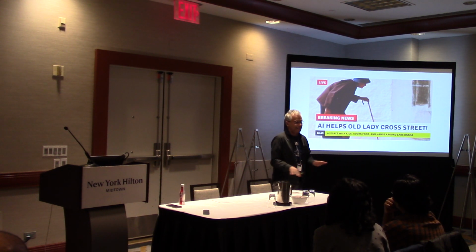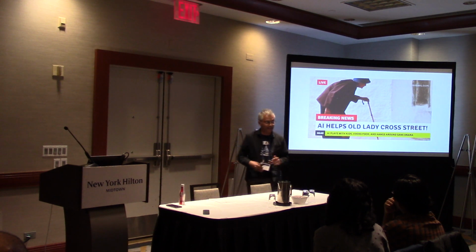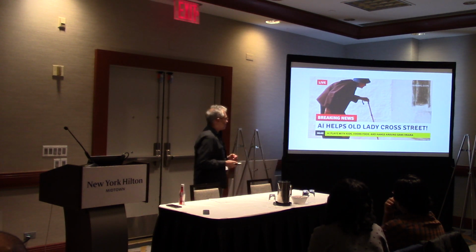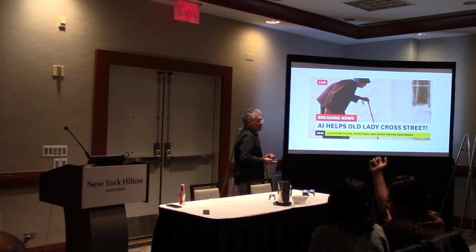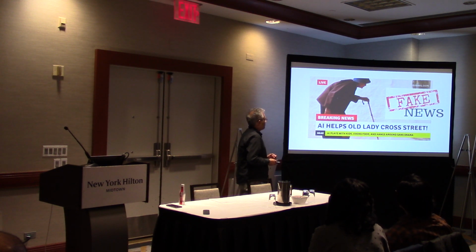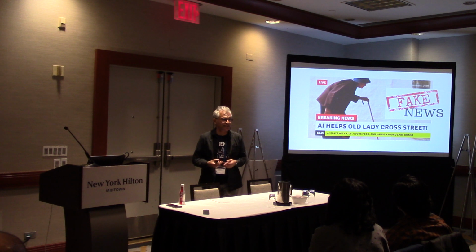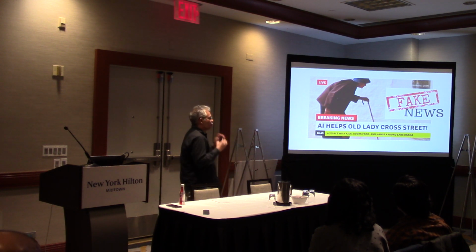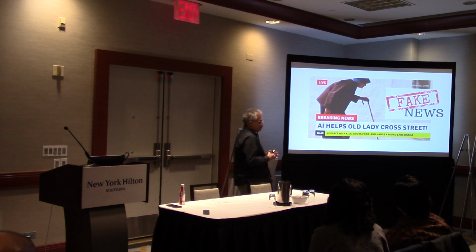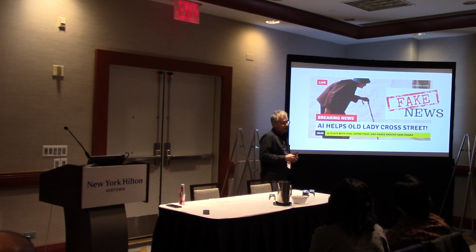No drama, just boring life between us and our AI systems. This hasn't really been happening, unfortunately, because I just made this up. This is currently fake news. You don't ever see this kind of stuff in the news cycle. If you really want news people to pay attention to what you're doing, you should say we are about to end the civilization. That typically gets a lot more attention.